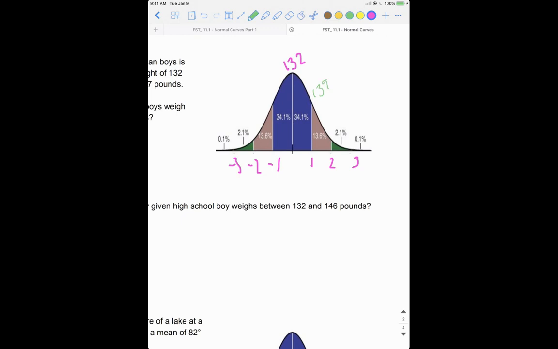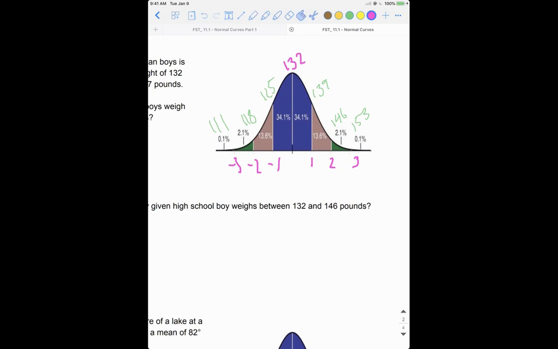If we keep going, we get 146, 2 standard deviations. Let's go out 3, 153. And then we have to go the other direction too. So 125, 118, 111 pounds.